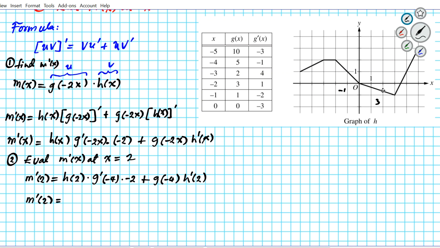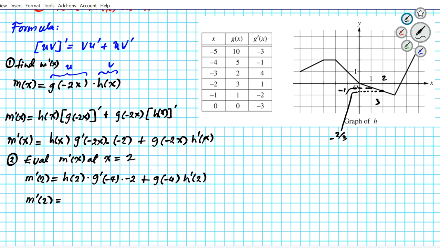Okay, so what is this point going to be here? So basically you're breaking this into thirds. So if you go down 1/3, you're going to go over 1. If you go down 2/3, you're going to go over 2. So this is h of 2. h of 2 is basically going to be, sorry, negative 2/3.